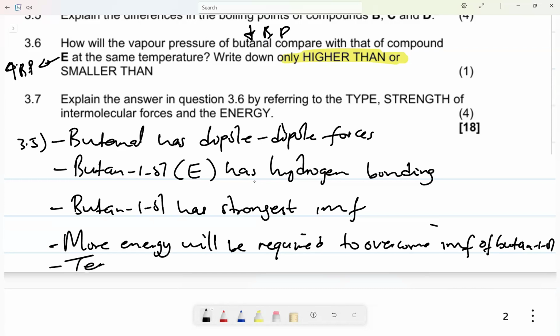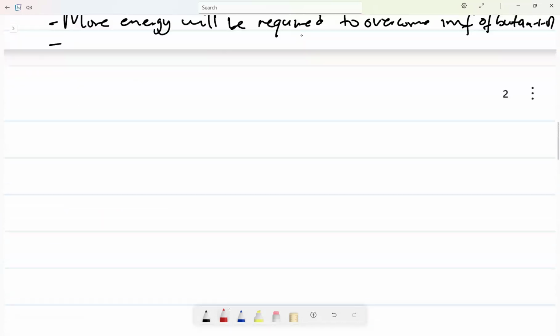You can say temperature will be high, the boiling point will be high. These are the reasoning. First mark for saying this has dipole, this has hydrogen bonds. This one has a stronger intermolecular force, therefore more energy is needed to overcome. Just like that. How easy is that?